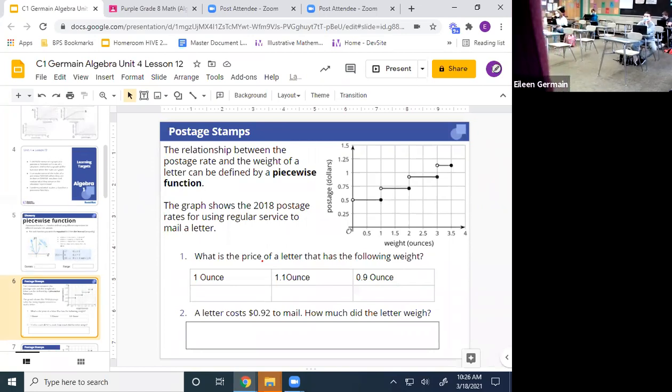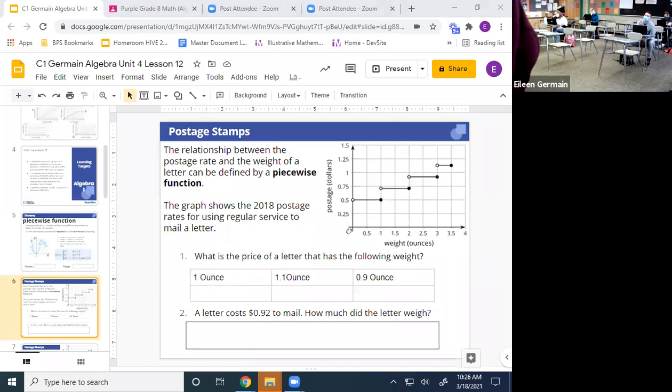The graph shows the 2018 postage rate for using regular service to mail a letter. Your job, first and foremost, is to determine the price of a letter that has the following weight: exactly 1 ounce, 1.1 ounces, and 0.09 of an ounce.